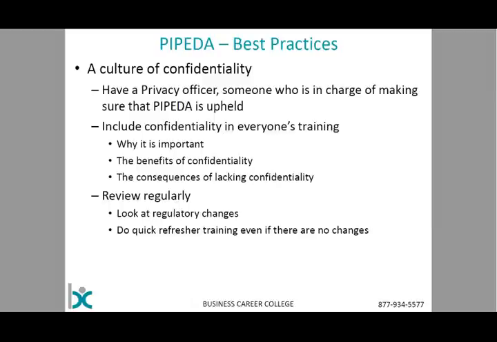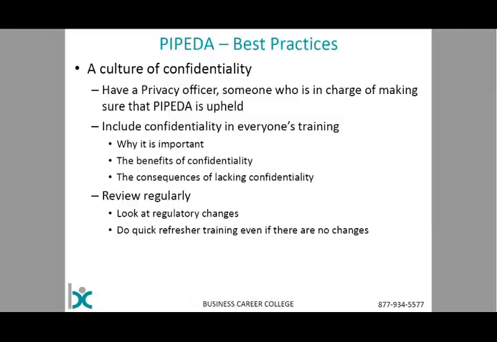So the first thing, and this actually links back to restrictions that are in place under PIPA, is you should have a privacy officer. So everyone under PIPA needs to have someone that's in charge of privacy issues. Typically, it's someone in a more senior role in the organization. And basically all that means is someone who's in charge of making sure that PIPA is upheld.